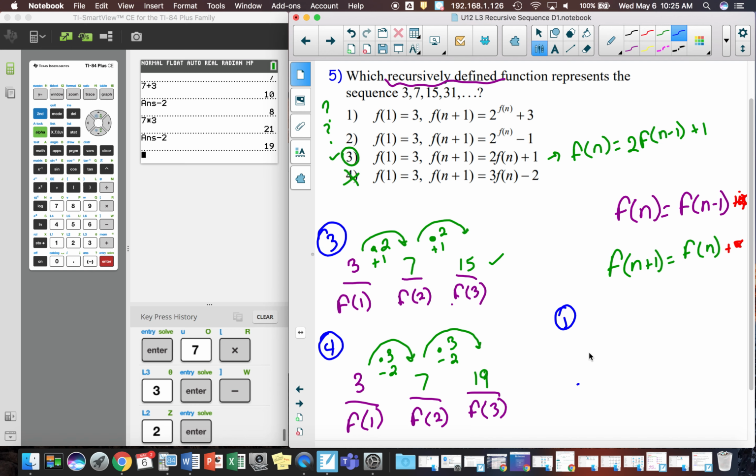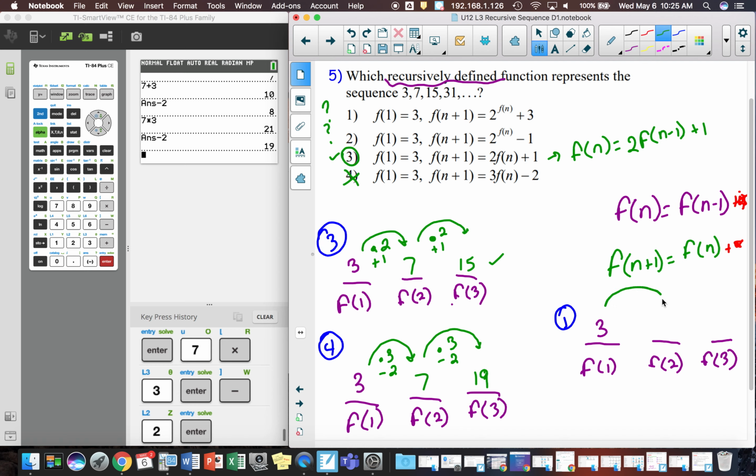So for answer choice 1, we have our 3 terms here. Keep it the same color. So we have f of 1, f of 2, f of 3. So our first term is 3. Now our rule is very weird.